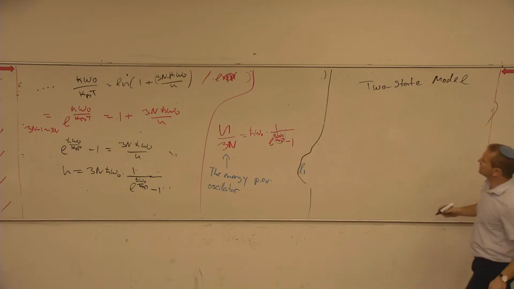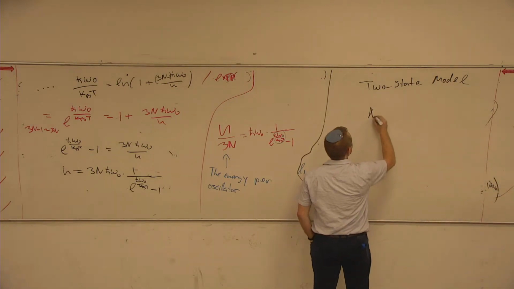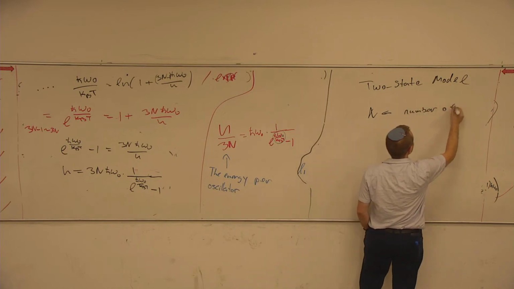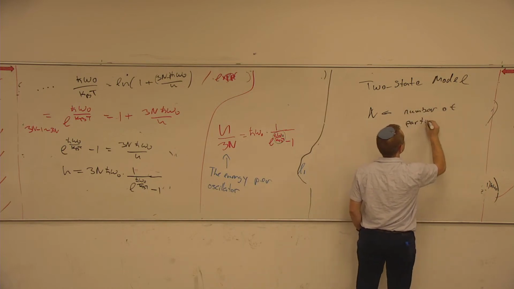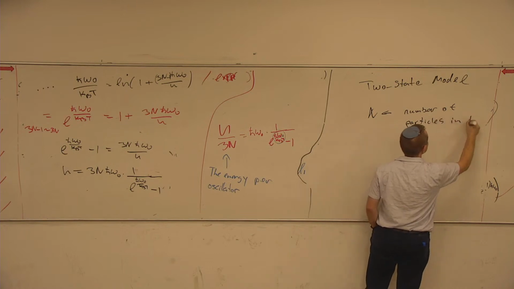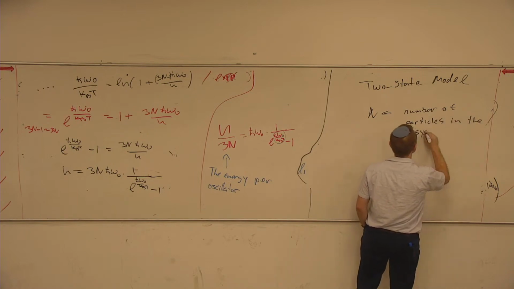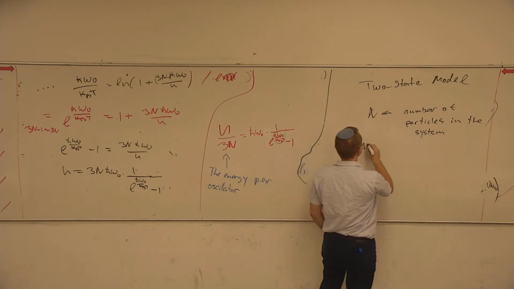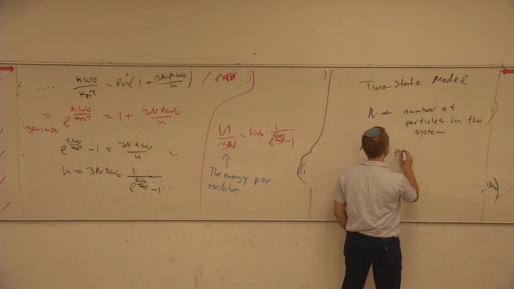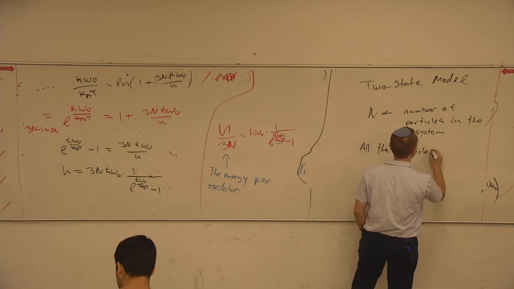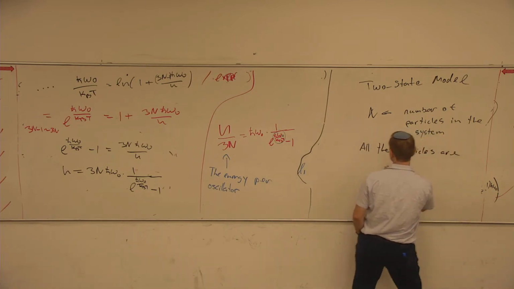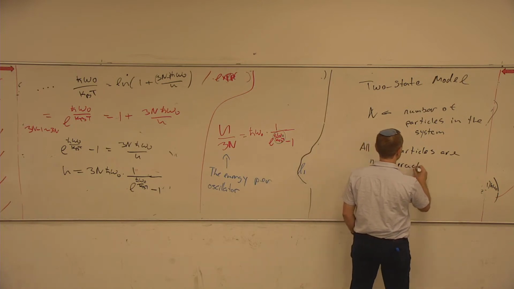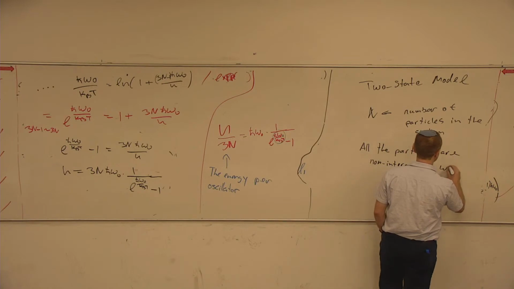So a two-state model is saying the following. N particles in the system. All the particles are non-interacting with each other.